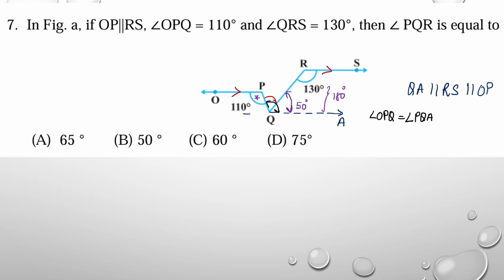Now ignore RQ. These are alternate angle. So this whole angle is 110 degree. Now angle PQA is a combination of angle PQR plus angle RQA. इन दोनों को ऐड करके ये फुल एंगल फॉर्म हुआ है एंगल PQA.